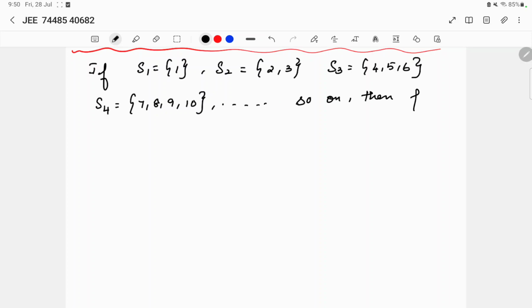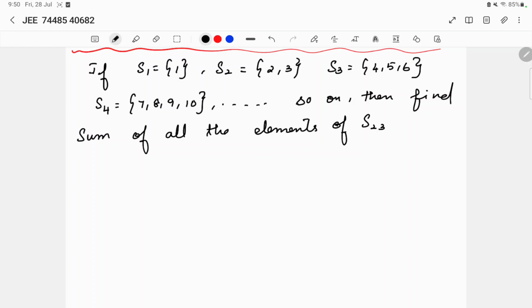Then find the sum of all the elements of S23. So whatever elements we have in this S23, first we have to find that. After finding the elements of S23, we have to add all the elements of S23.